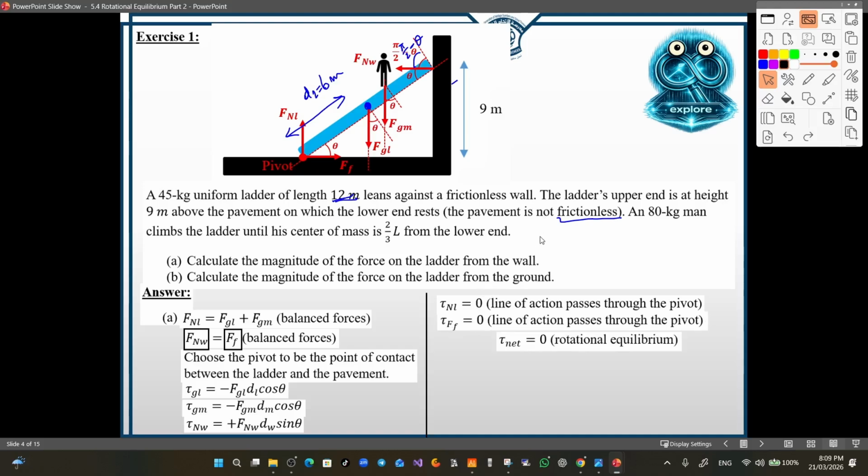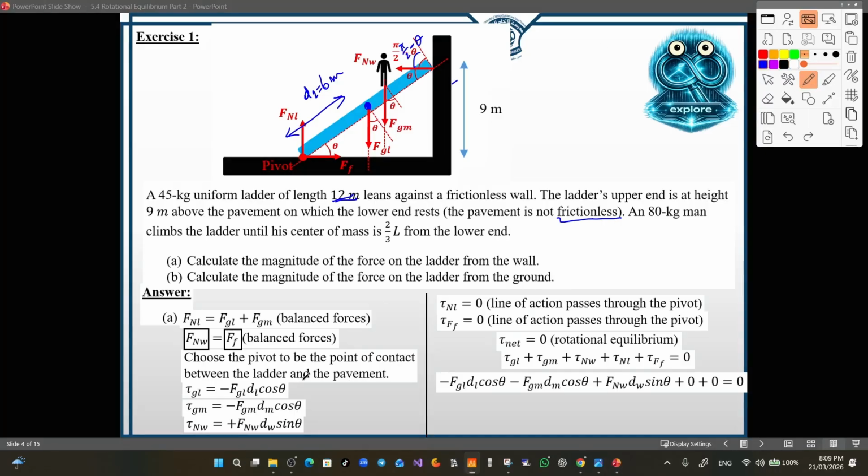Now let's apply the rotational equilibrium condition, which means we need to find the summation of all individual torques. Now we substitute the expressions into the equilibrium condition.